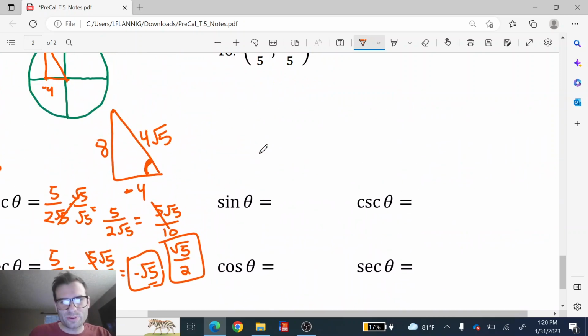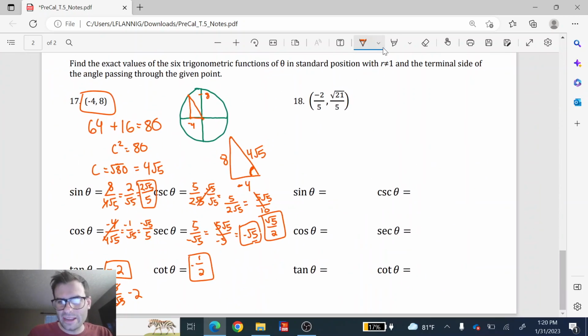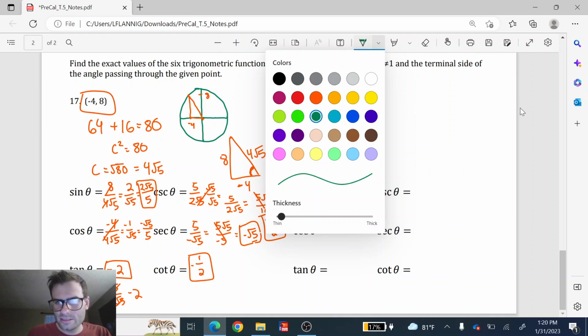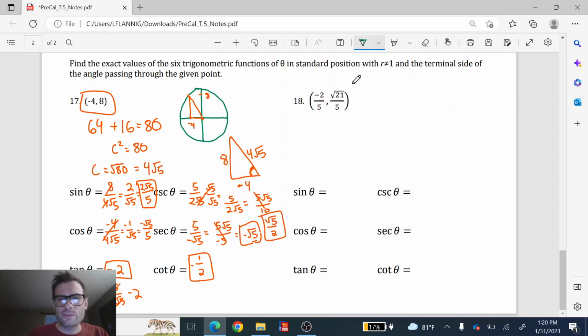Right, last problem, number 18. This is negative 2 over 5 and the square root of 21 over 5. Here, again, we're going to draw the circle.